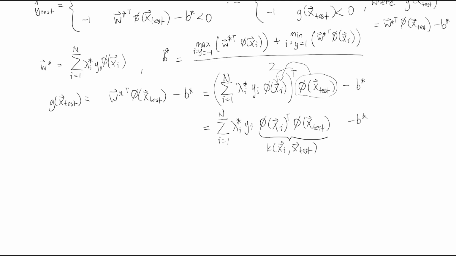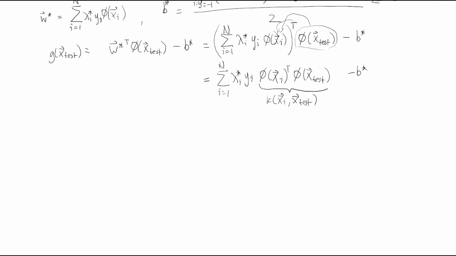So now let's see what's happening with B. We're going to look at this expression for B over here, and then we're going to plug in W star. And hopefully you can already see that once we plug in W star, we're going to get a phi transpose phi, and that will be the kernel, right? So, let's just write it down. B star equals, again, max over the negative examples of, so writing down W star here.